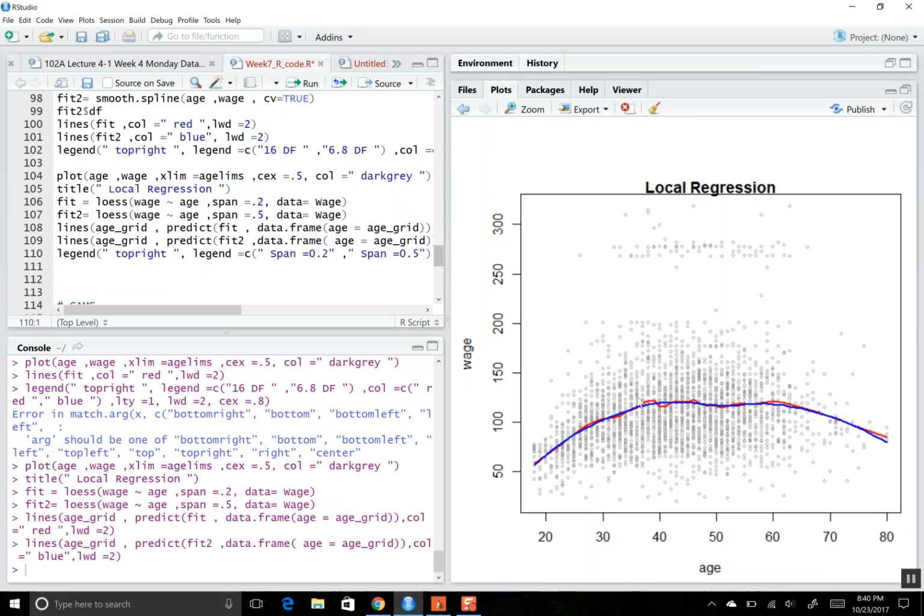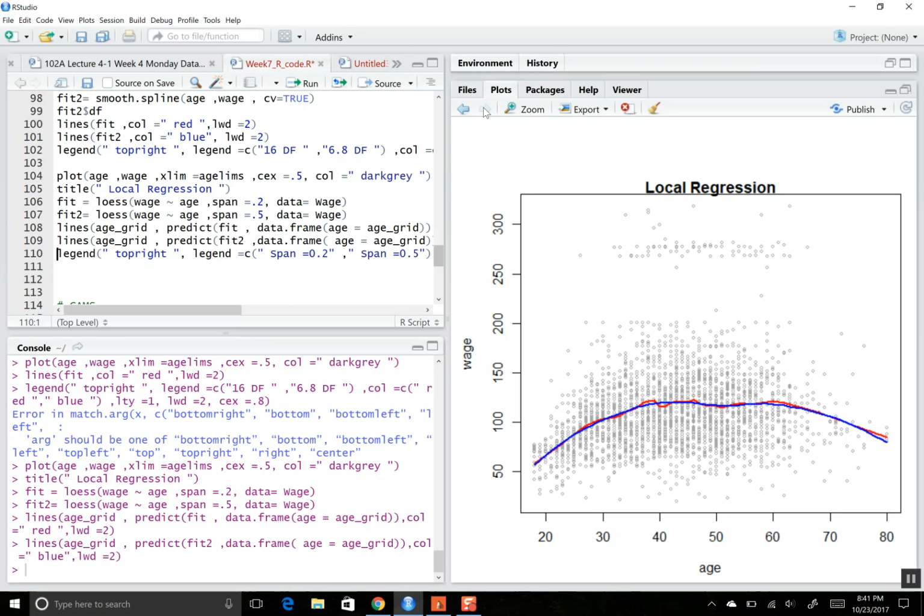So again, you have more wiggle versus less wiggle, and that's what we have here when we look at loess regression. So all of these are basically different functions creating different wiggly lines to some degree.